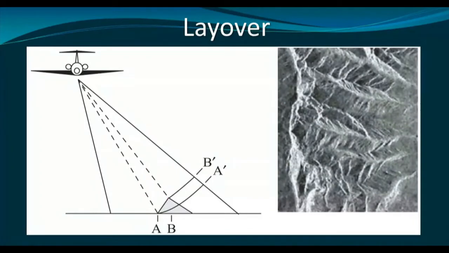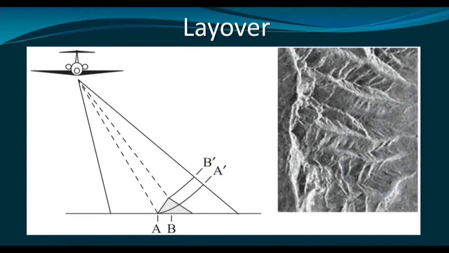And as you can see, before imaging the A point, I mean the base, it will image the B point, the top. Therefore, it appears like the top is overlaying the base. This is called layover.